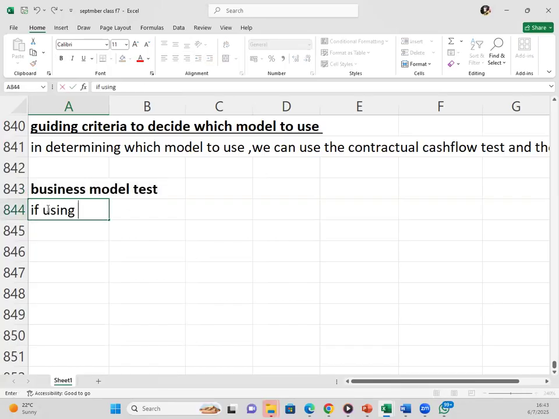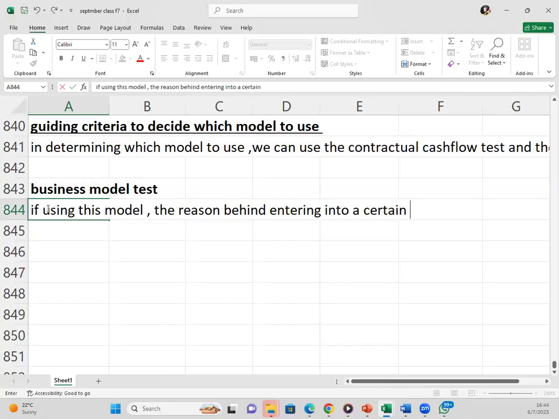Using this model, the reason behind entering into a certain transaction determines its classification.